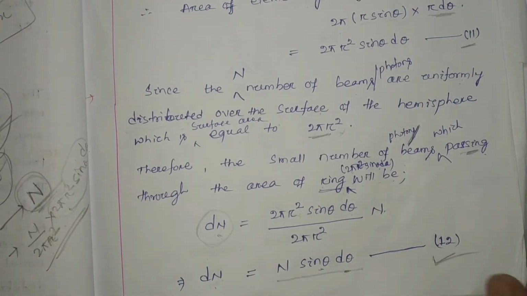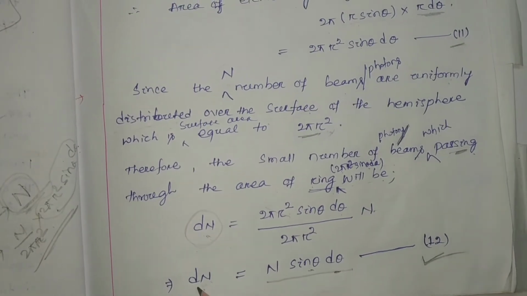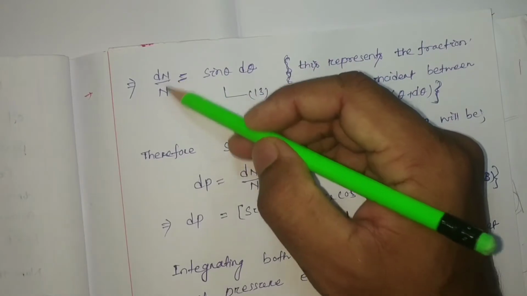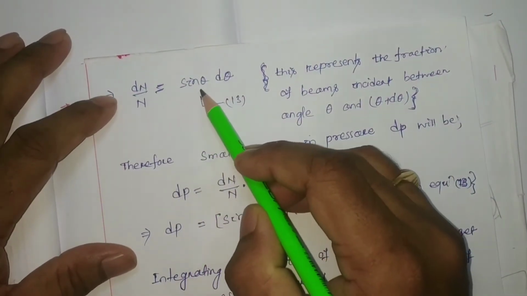Then come to the next page. Here if I take n to this side, it will be dn by n, which is nothing but sine theta d theta.